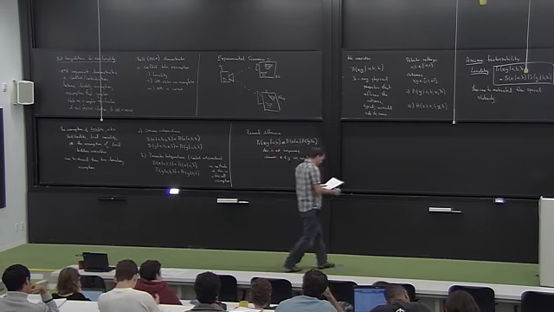So this we're going to call just the expectation of AB, like that.